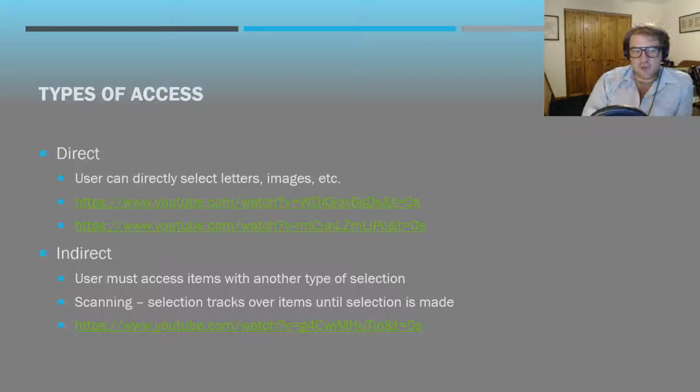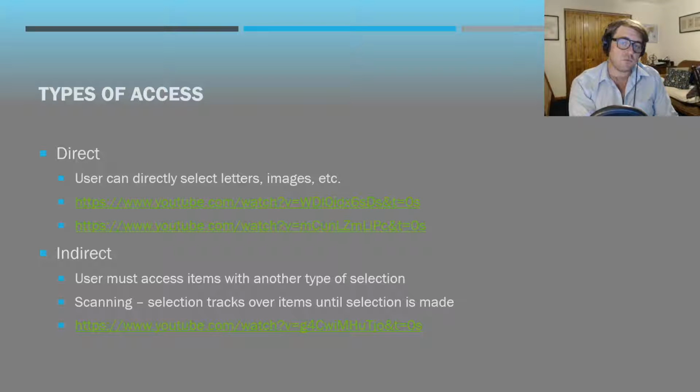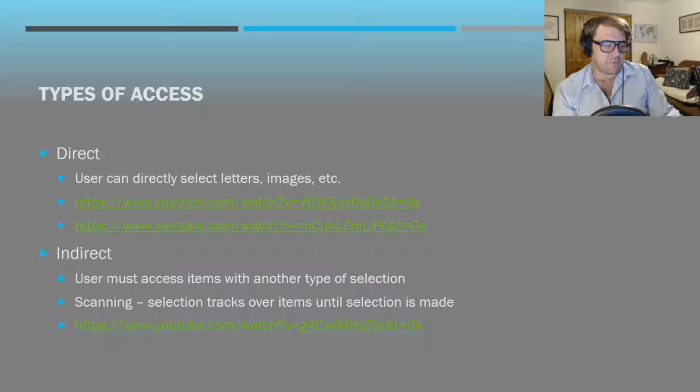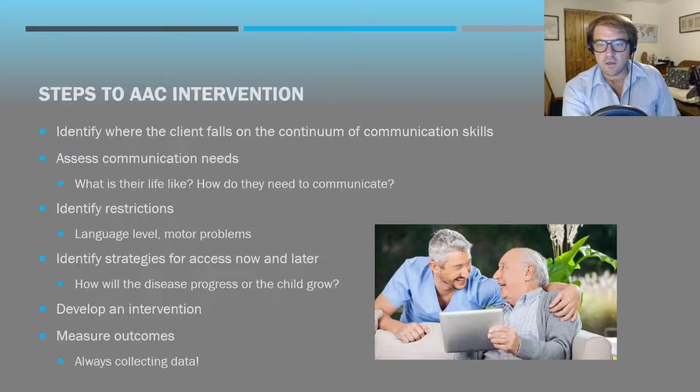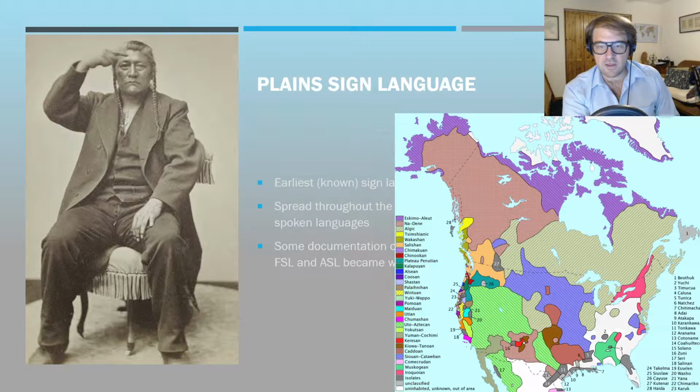So direct access is a type of access where the user can directly click on a letter, an image, touch an image, or anything like that. So a communication board is direct access. You can point to any image. A computer keyboard, hey, it came in handy.